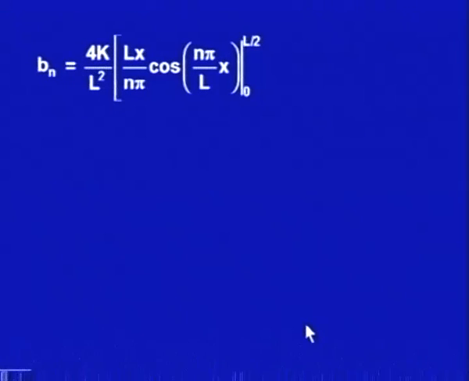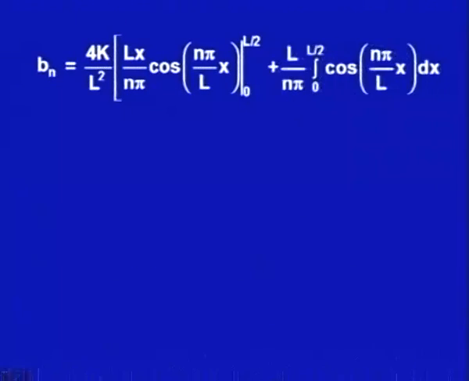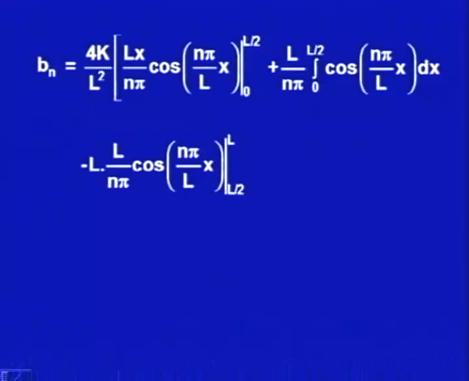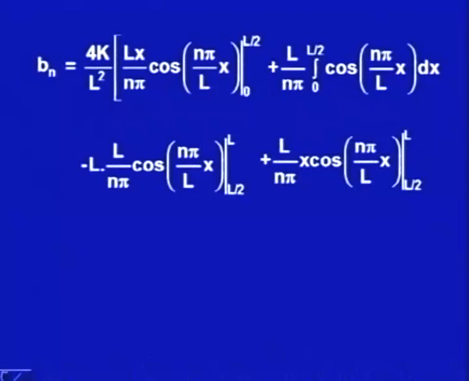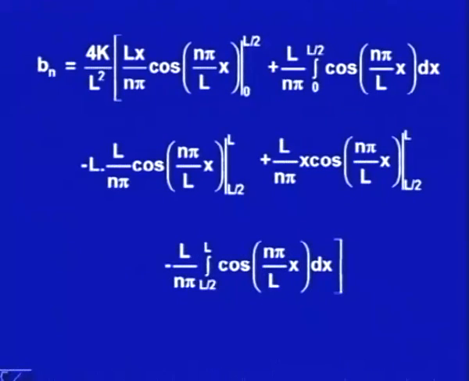So Bn would be 4k upon L square, times L x upon n pi cos n pi x by L evaluated from 0 to L by 2, plus L upon n pi integral 0 to L by 2 of cos n pi over L x dx, minus L times L upon n pi cos n pi x over L evaluated from L by 2 to L, plus L upon n pi x cos n pi x over L evaluated from L by 2 to L, minus L upon n pi integral L by 2 to L of cos n pi over L x dx.